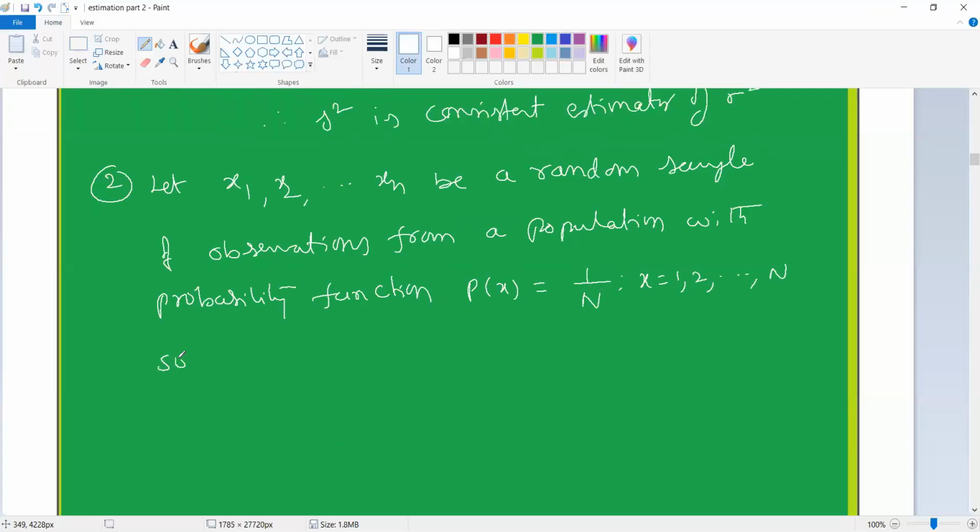Here X follows a discrete uniform distribution. The parameter is n. We have to give the consistent estimator of this one.